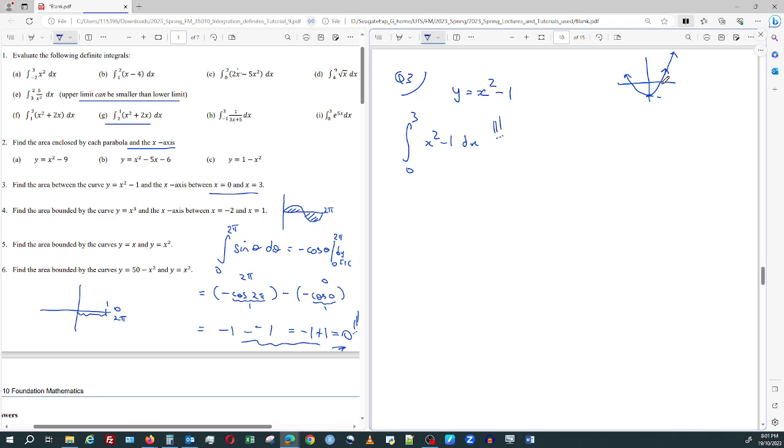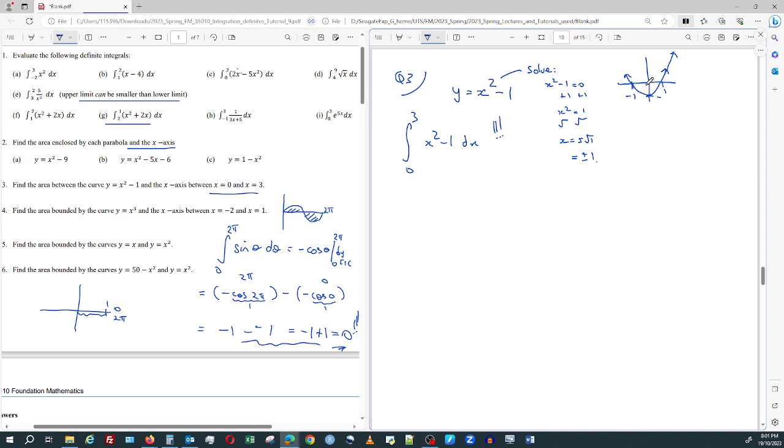So we need to have a think about our x squared minus 1, and it's just a shifted down happy face. And what we'll find is that if we find what the limits are, what the solutions of this thing are, by putting them to 0, which is plus or minus the square root of 1, we will get minus 1 and 1.